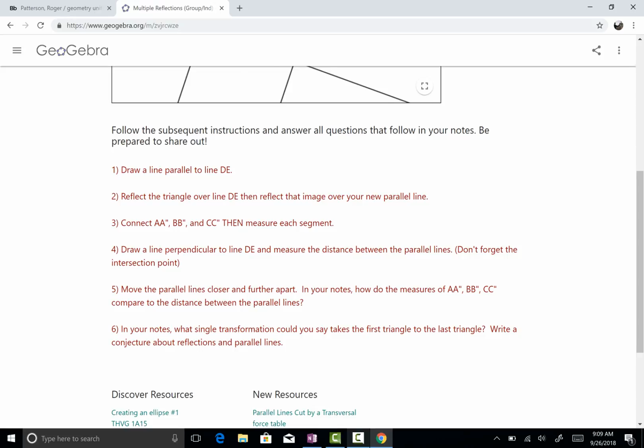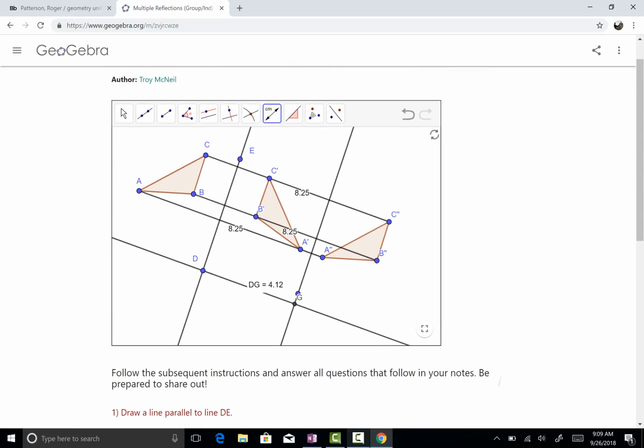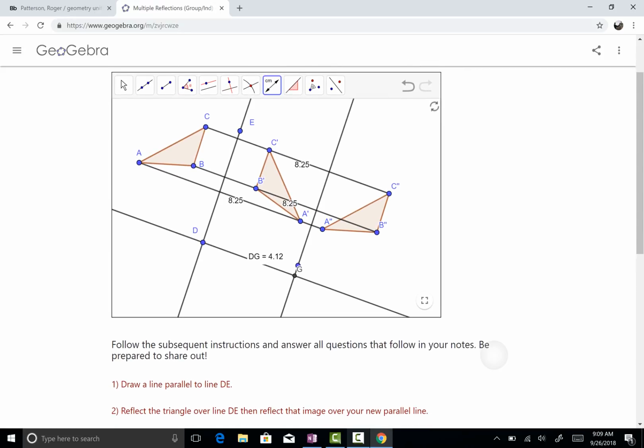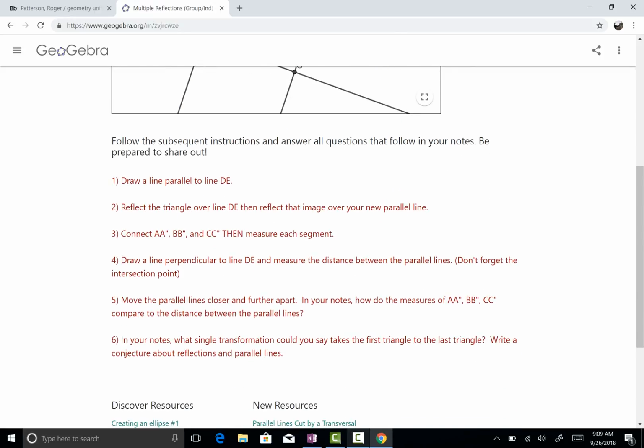All right, so we drew a line. I made a parallel line, did a double reflection, connected them, did some measurements. Give me some ideas here.